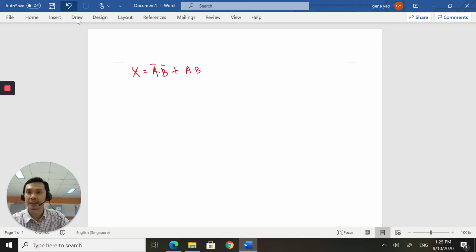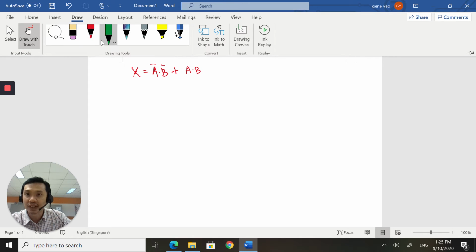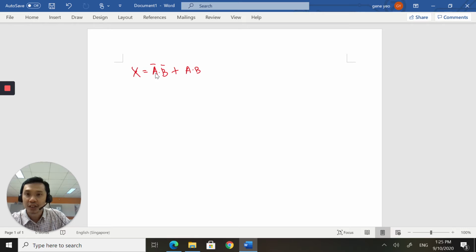Let's choose a different colored pen. Let's use green. Same thing, I'm going to divide it into something OR something. At the end of the day, I need an OR gate. Let's come up with this first part first. It's A complement and B complement. So I know there is an AND.